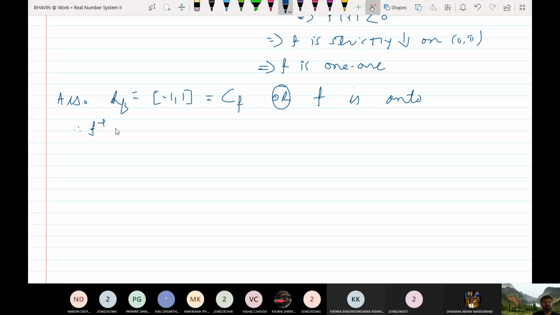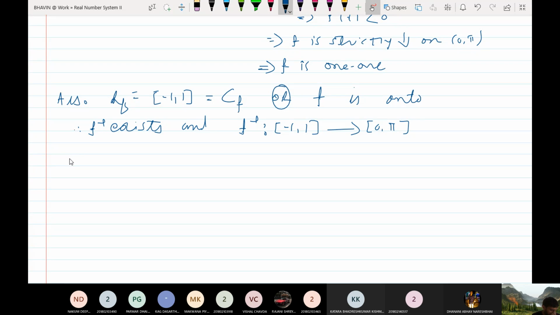Therefore, f inverse exists. And what is the definition of f inverse? F inverse is a mapping from where to where? -1 to 1 to 0 to pi.